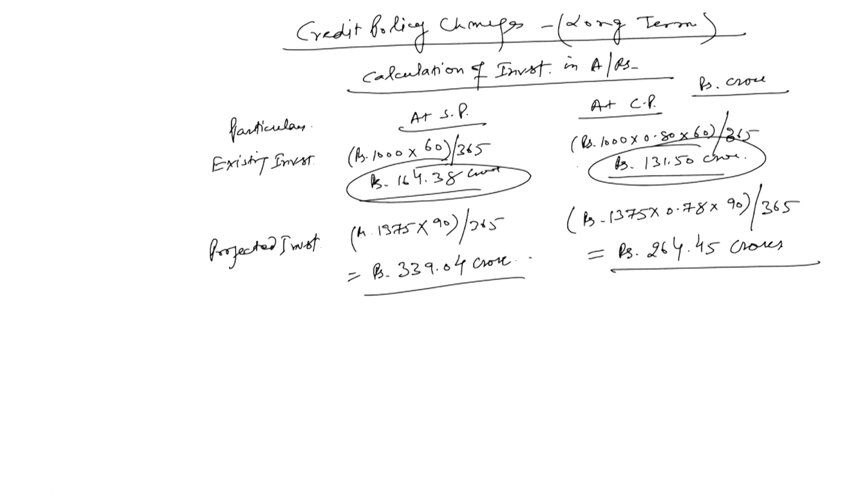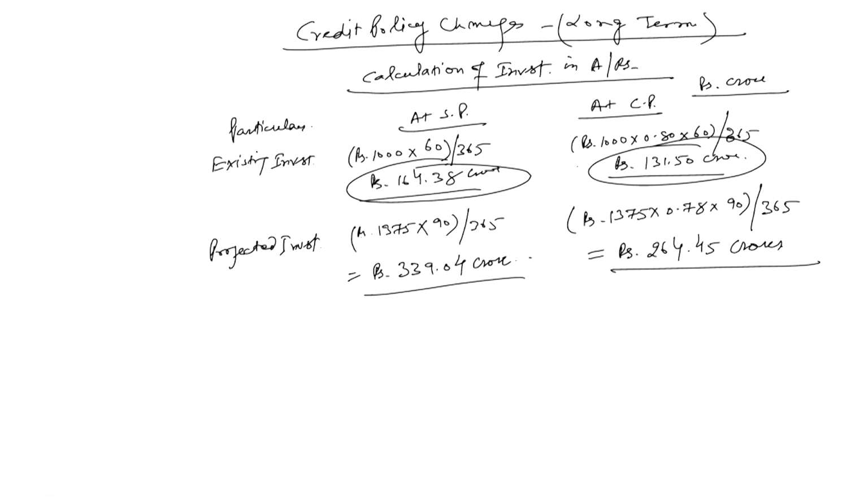This is the existing level of investment, that is 164.38 crores we have invested if we are valuing it at selling price, and 131.50 crores we have already invested into the credit sales accounts receivables if we are valuing them only at the cost and ignoring the profit.